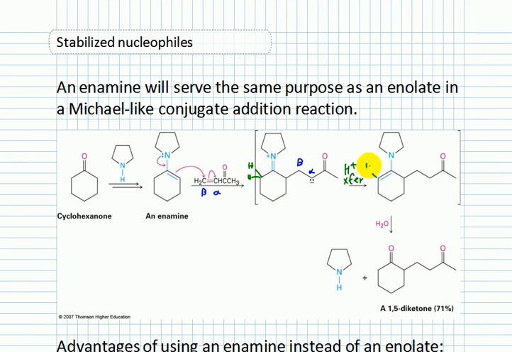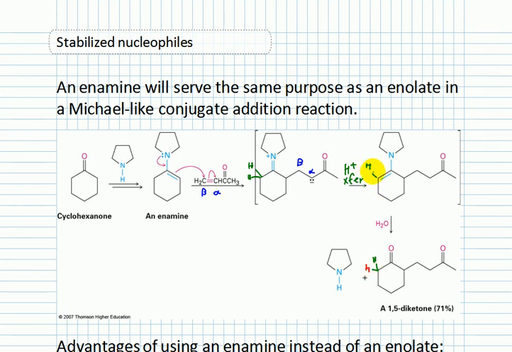Right. But then water adds, it regenerates our carbonyl compound with H back on the alpha again, where it belongs.